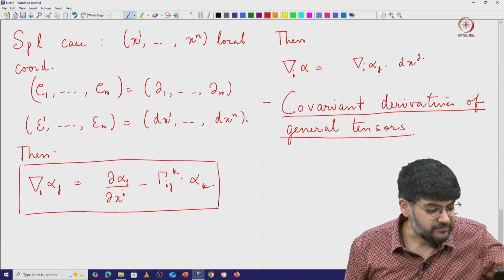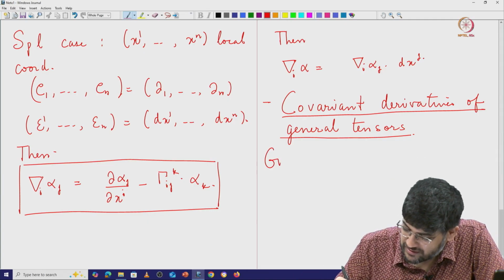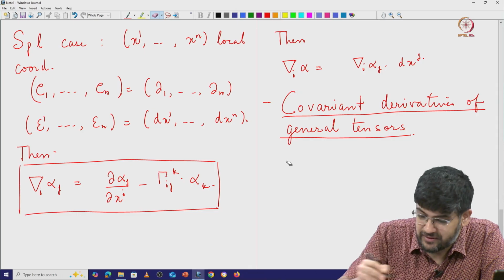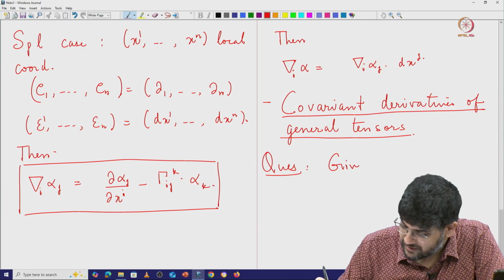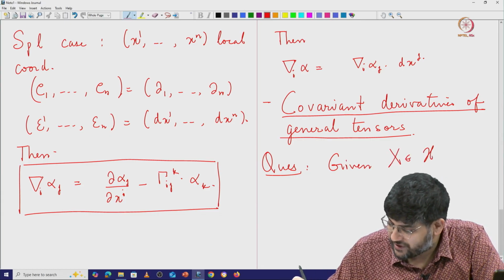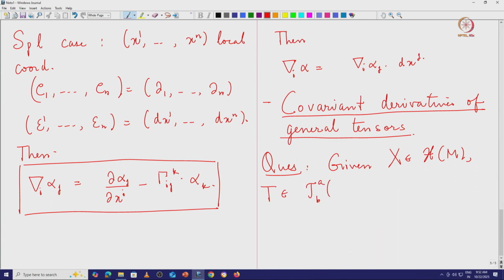So again I'll pose a similar question. Let's say I am given a vector field X, and let's say I am given a tensor T of type AB. Then what is the covariant derivative of T with respect to X, and I want that to be another tensor of type AB. Okay. So what is the appropriate definition?